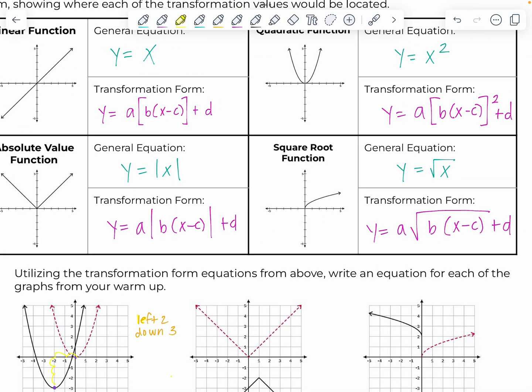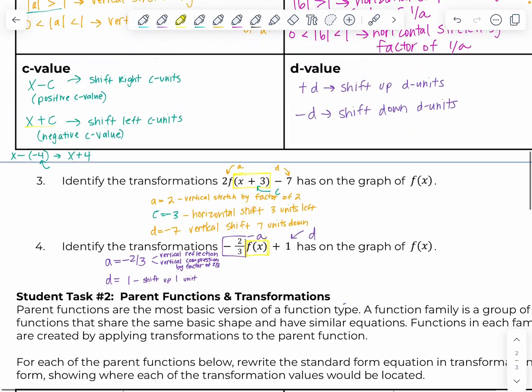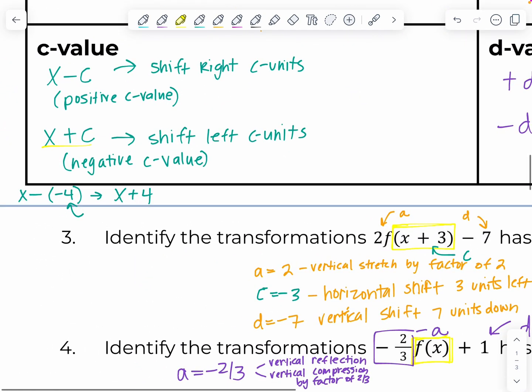Okay, so once again, we are working with the quadratic. So the specific transformation form is here. For each of these, I just went through and replaced the B and C within the function, and then the A and the D outside the function. If we need to move left and down, that tells me that we're looking at our C value.